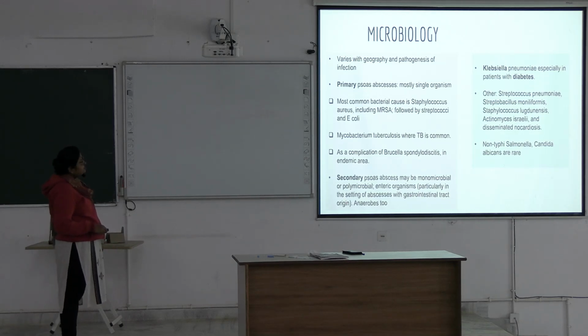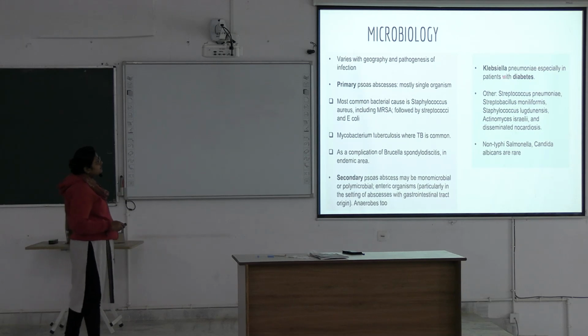And secondary psoas abscess may be polymicrobial. Enteric organisms, particularly in abscess with gastrointestinal tract origin, and anaerobes are also involved.